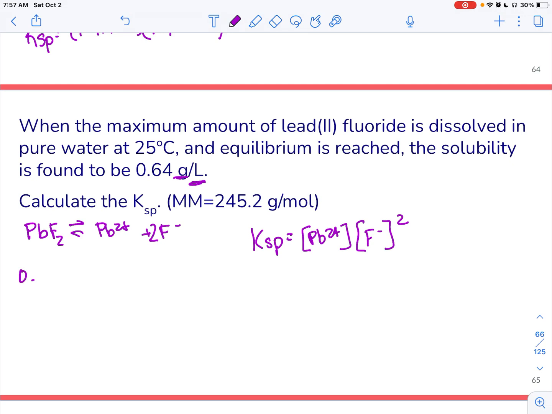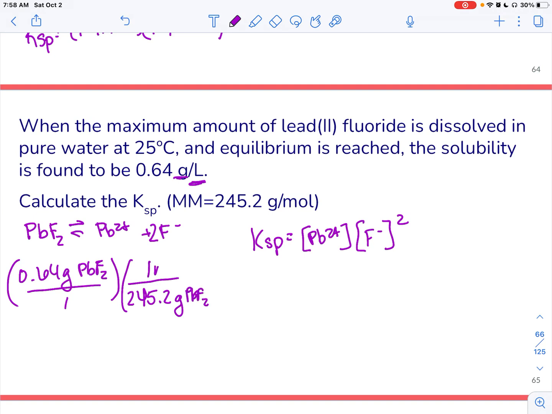So we're going to take our 0.64 grams, divide that by the molar mass. We get this for our moles, but since it's per 1 liter, we also know that's our molarity.